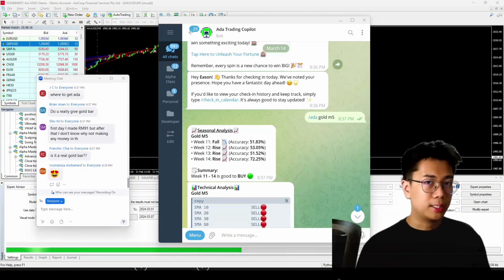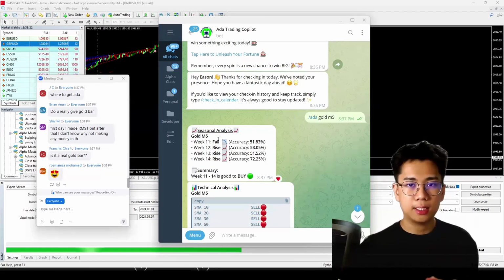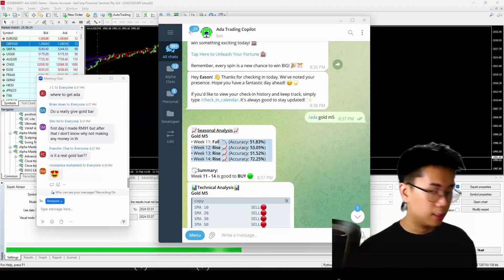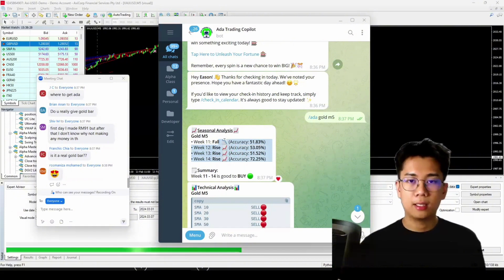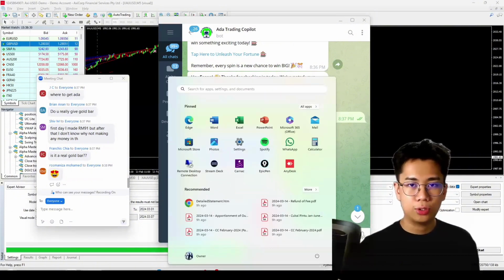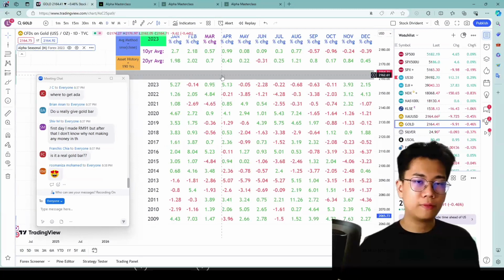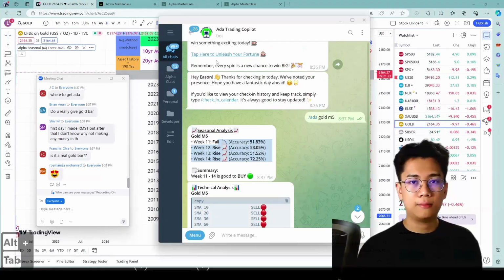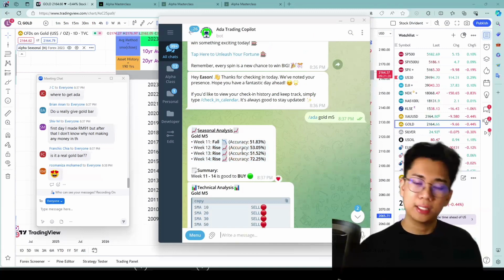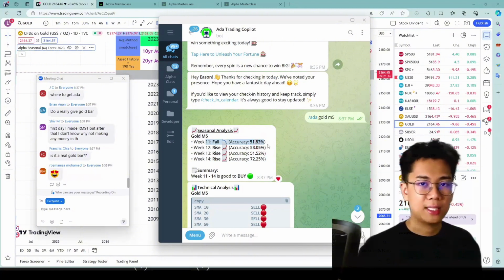Okay, so I will take this as a good example on how to read this properly. Over here right now, you can see that this is gold seasonal. In day 2, we learned about seasonal analysis on a monthly basis, which is in TradingView. In TradingView, today is March, which is here. Just remember this week is always the first one. This week is week 11.